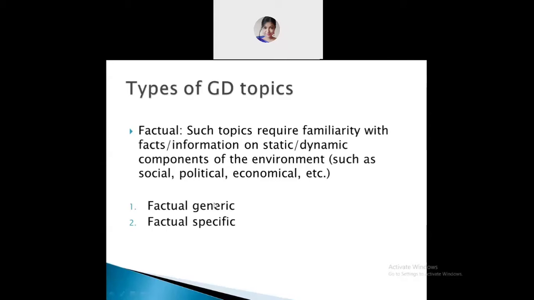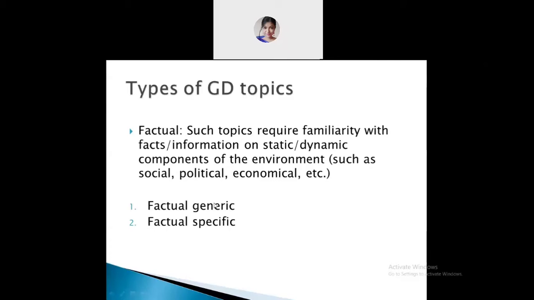And in group discussions, generally factual topics are only given, so that everyone can say something related to the topic.